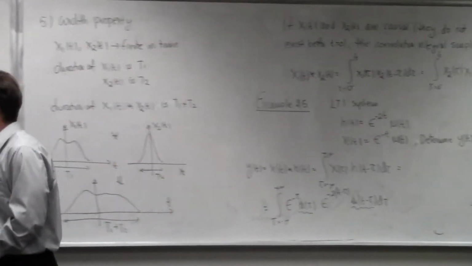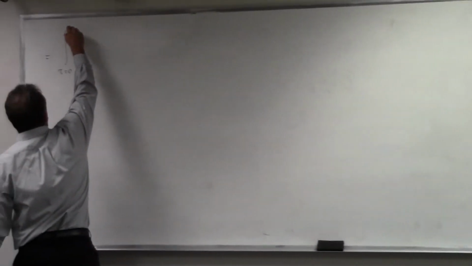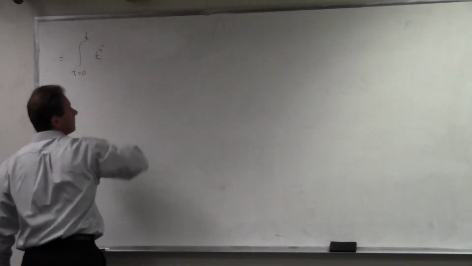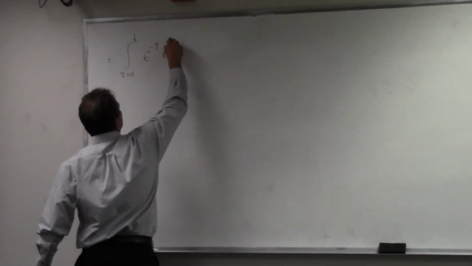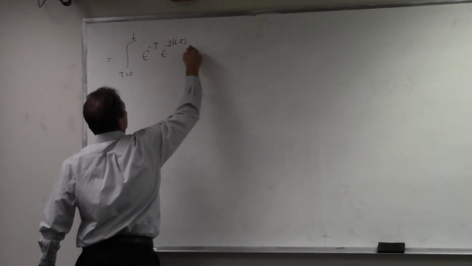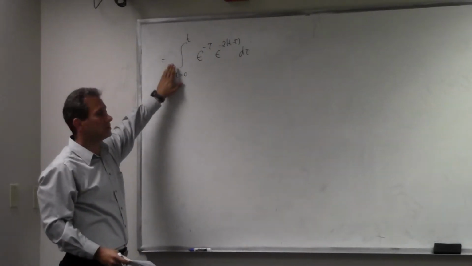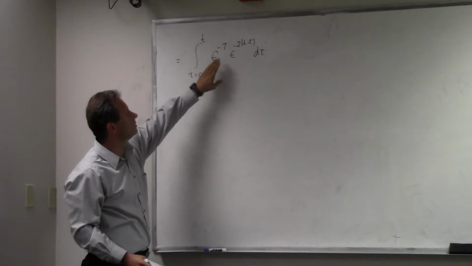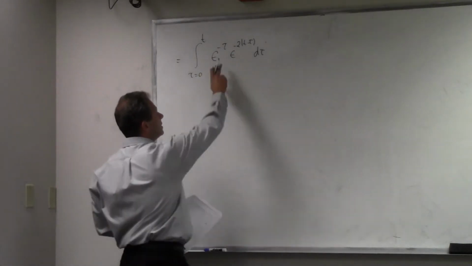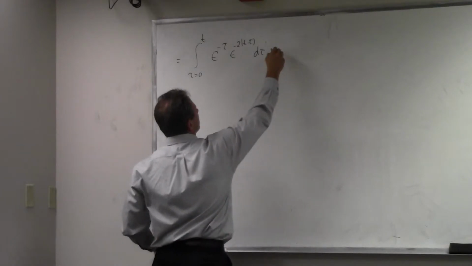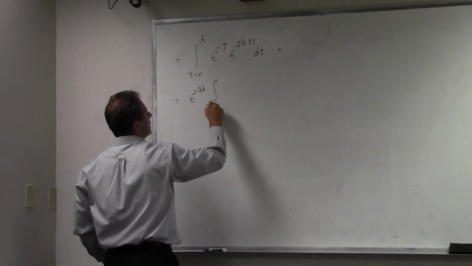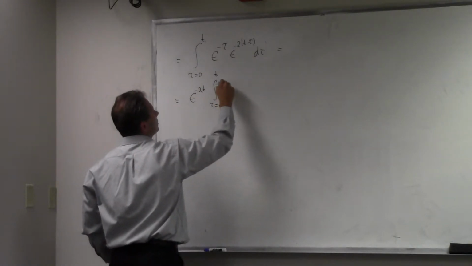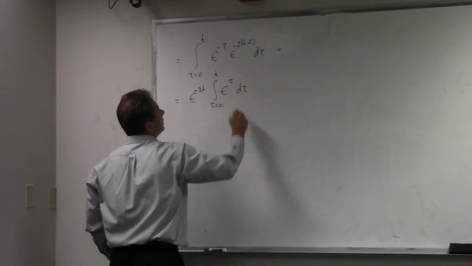So this becomes an integral from tau equals 0 to t, and then I have e to the minus tau, e to the minus 2 times t minus tau, d tau. And now this is an easy integral. You can see that e to the minus 2t can come outside because it does not depend on tau. And inside I have e to the minus tau plus 2 tau. So this ends up being e to the minus 2t, integral tau goes from 0 to t, e to the tau d tau.